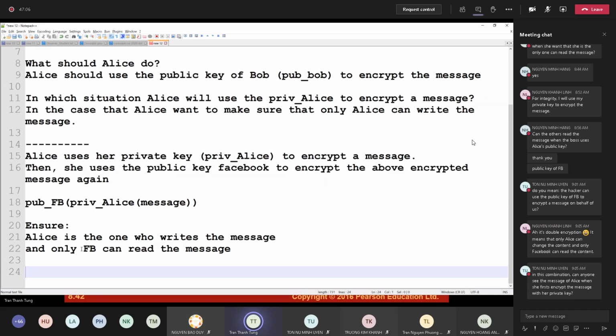Of course, if we don't have the second encryption, everyone can read the message. But now, when you send this data over the internet, the message is wrapped by the other parts.